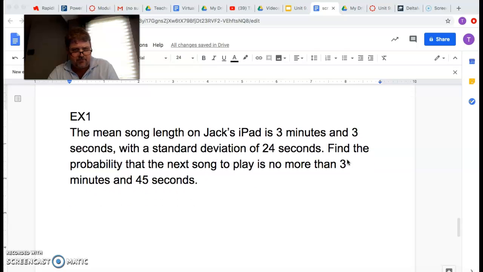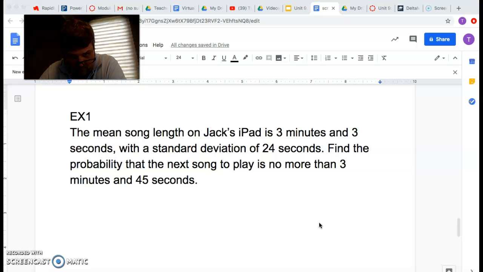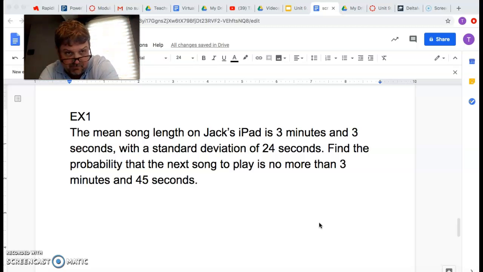This is my first problem here, and it says the mean song length on Jack's iPad is 3 minutes and 3 seconds, with a standard deviation of 24 seconds. Find the probability that the song to play is no more than 3 minutes and 45 seconds. When I read this, the one thing that pops out at me right away is that we've got minutes and seconds going on here, and these units don't agree. 3 minutes and 3 seconds is some decimal, 3 minutes and 3 over 60 minutes.